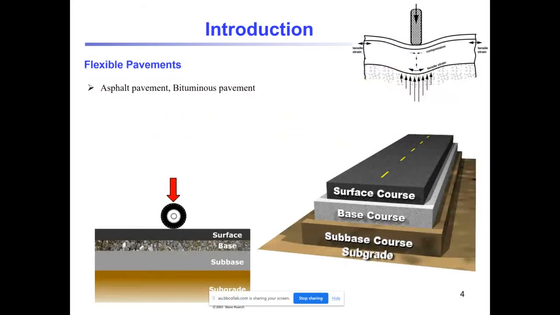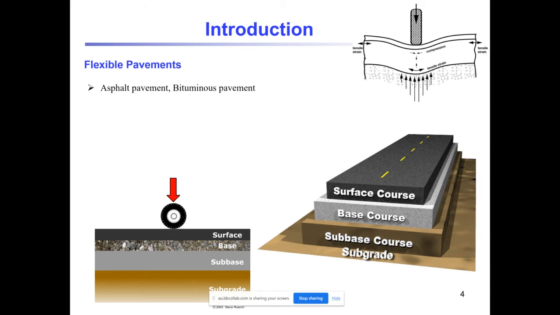So I start with a brief introduction about the type of the pavement. So flexible pavements are widely used in Australia. Almost all the roads that you see in Sydney, in Australia, all the networks you see are flexible pavements. We don't use that much rigid pavement for the roads.